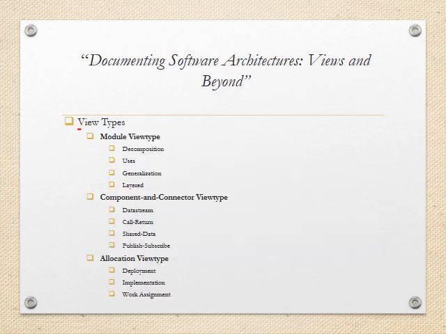What kind of views might we have? We said earlier that we have three different viewpoints or view groups: the module view type, the component and connector view type, and the allocation or deployment view type. Within the module view type, we have four views: decomposition, uses, generalization, and layered.